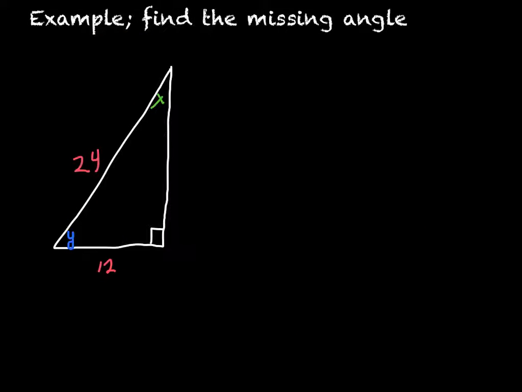For this last example, we want to actually find angles instead of finding the actual side lengths. So this is a little bit different. We have to use a slightly different technique. We're going to have to use what's called the inverse cosine and inverse sine.